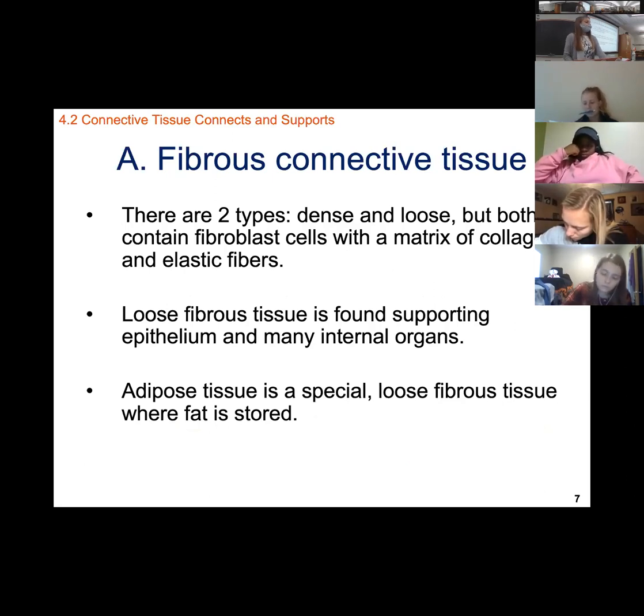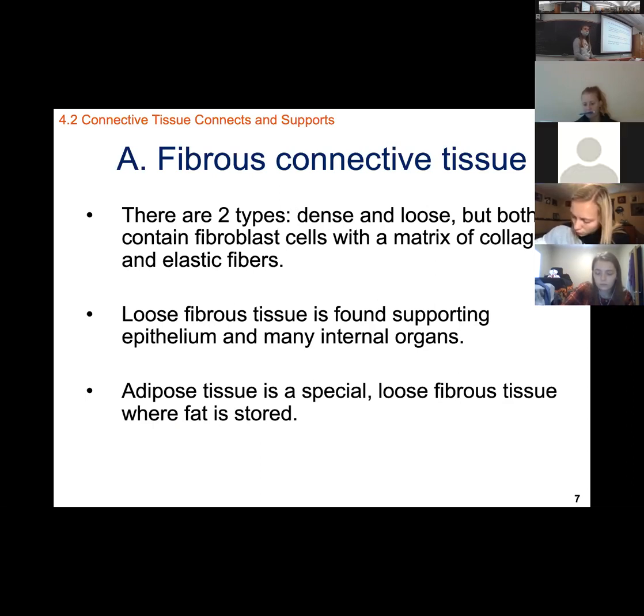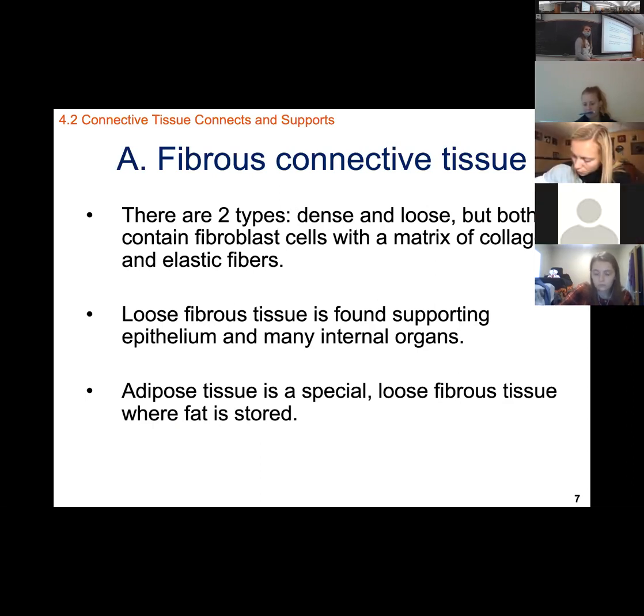So let's talk a little bit more about that fibrous connective tissue. So we talked about there's 2 types. There's dense and loose, but both contain fibroblast cells with a matrix of collagen and elastic fibers. Does anybody know what collagen is important for, or what maybe you've heard about collagen?